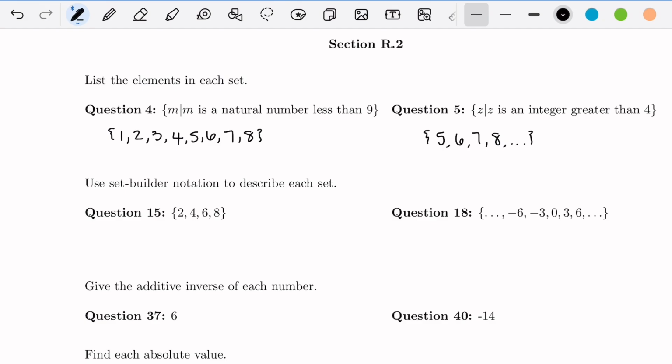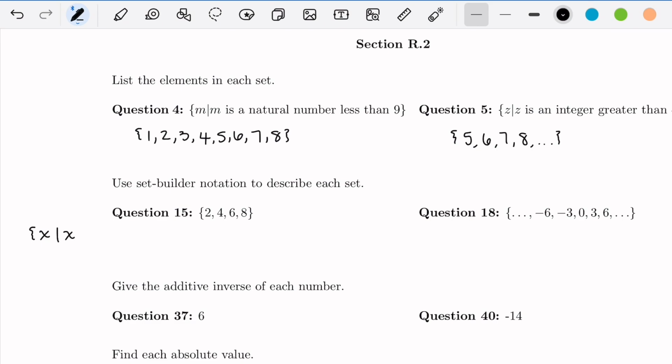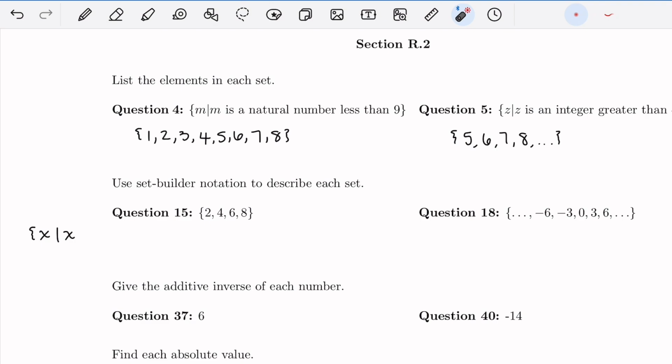So we have the set which contains the elements 2, 4, 6, and 8. In set builder notation, I'm going to use the variable x. So we have x such that x needs to be something that describes what we see here. Notice that all of these integers are even, and they are between 1 and 9.